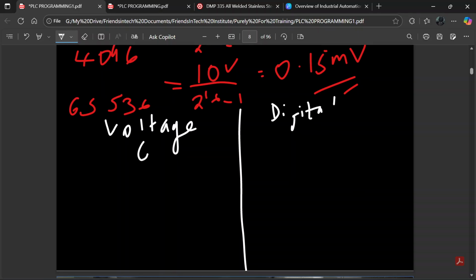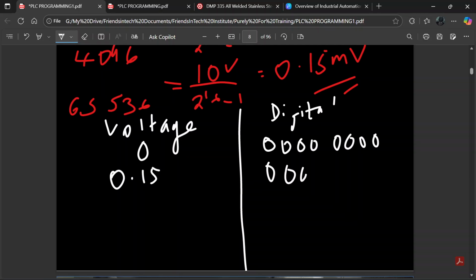Of course, if you have 0 volts here, this is all 0s. If there's a change of voltage of 0.15 millivolts, then that will be 0, 0, 0, 0, 0, 0, 0, 1. It will cause a change in bit.